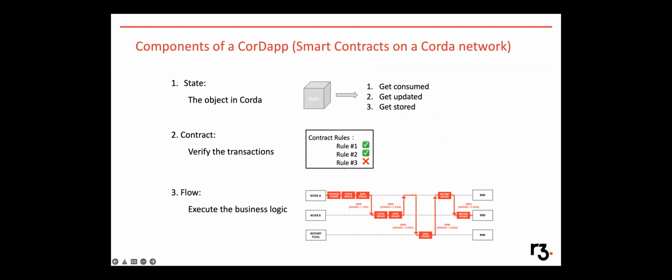If all of the contract rules pass, then your transaction will get recorded and your ledger will get updated. The flow, lastly, is the command and the instruction which executes the business logic of your business use cases. So that's basically the three key things of a Corda app.